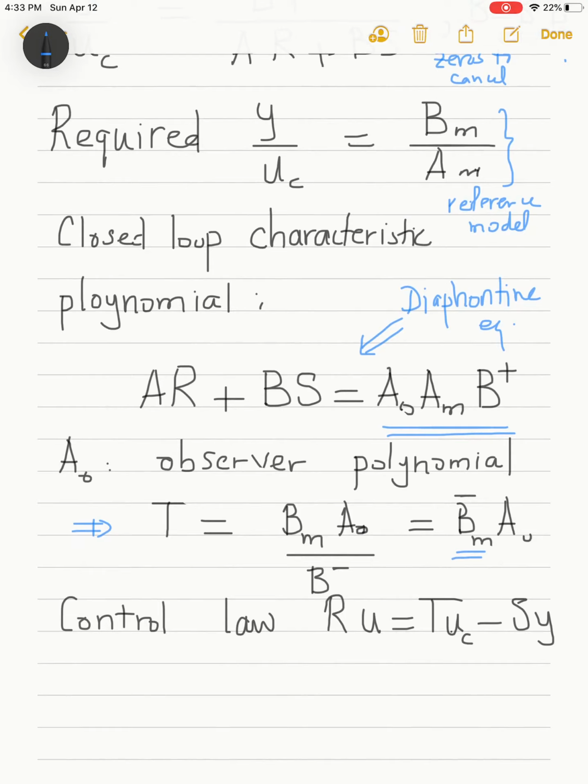If we design R, S and T, we can calculate the control law as the polynomial R times u equals the polynomial T times the set point minus the polynomial S times the feedback signal y. From this equation we can calculate the value of the control signal at a given sample, and that would be applied to the plant.